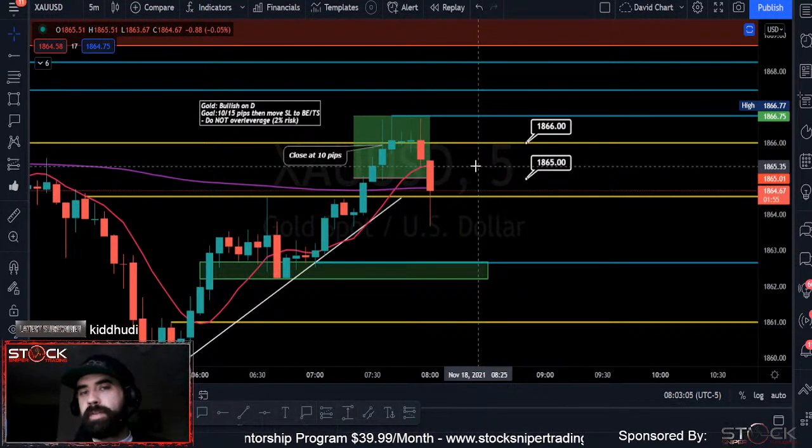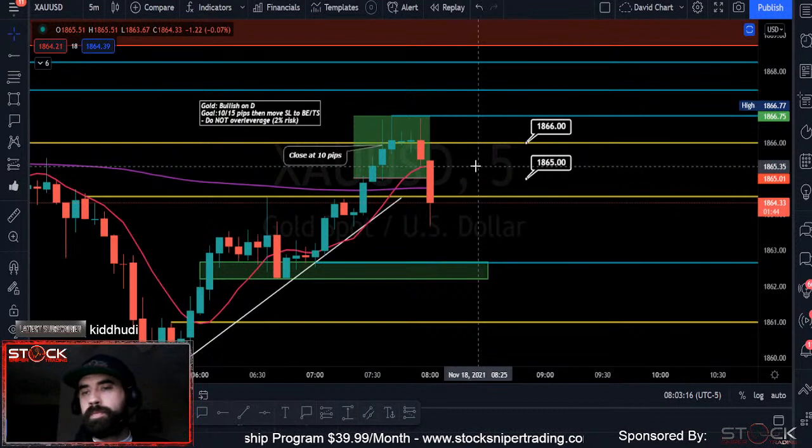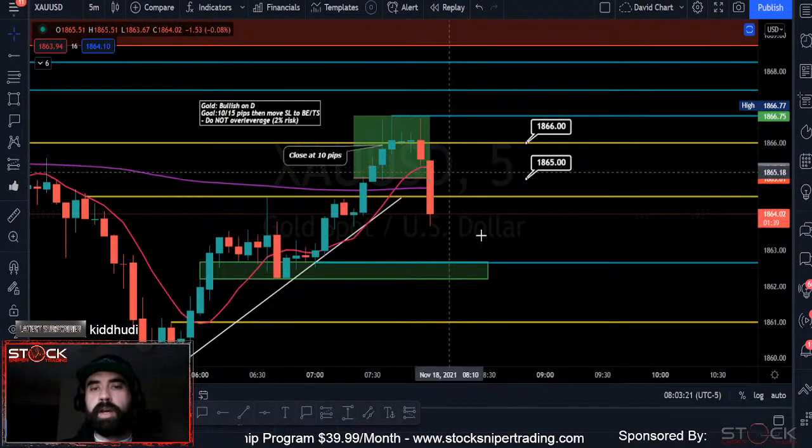Okay, about a minute and 50 left. You can see how they're trying to push it back up in terms of liquidity grab. Okay, I have a continuation.